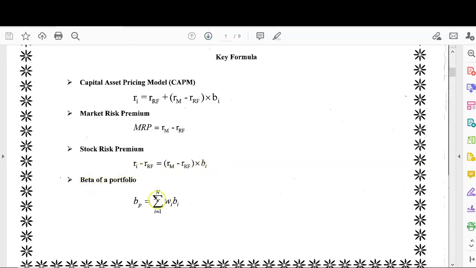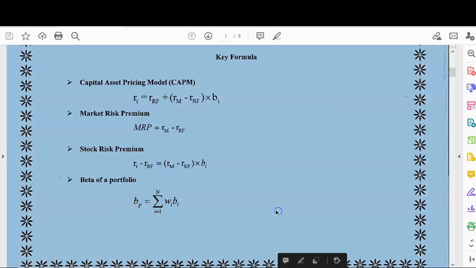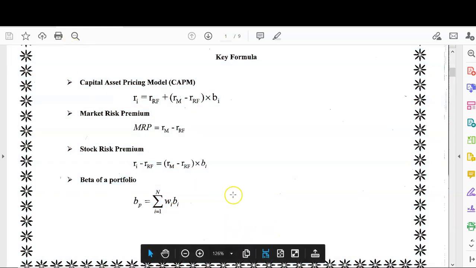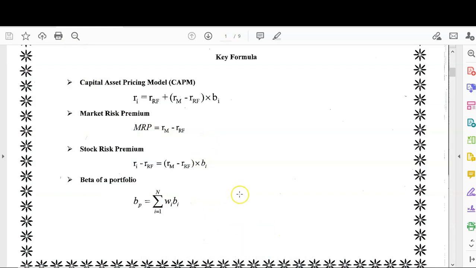And for beta of a portfolio, it could be calculated as the weighted average of the beta of the stocks in the portfolio as portfolio beta. Okay, so taking a first look at these models and concepts, you might be a little bit confused, but we'll discuss them in detail in this lecture.